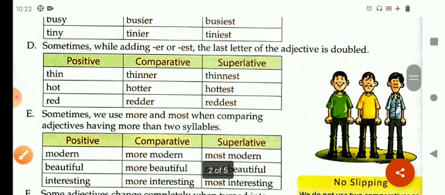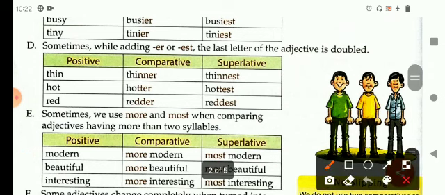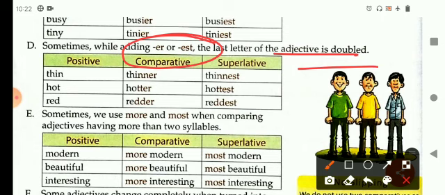Now next, sometimes while adding er or est, the last letter of the adjective is doubled. We have to double the consonant to make the comparative and superlative degree. For example, thin, ending with a single vowel and single consonant.